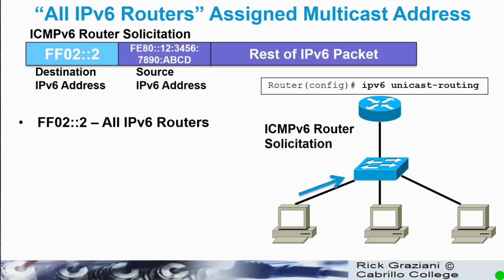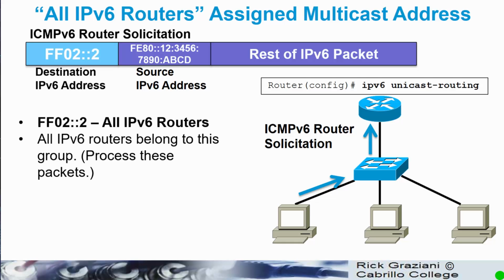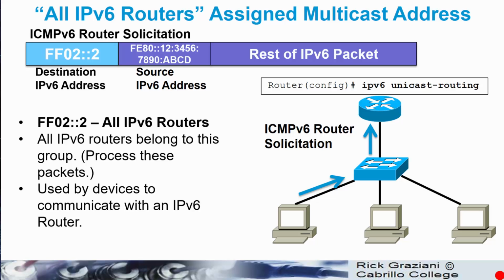So again, FF02::2 is all routers. All routers will process requests with these packets. It is used by devices to communicate with an IPv6 router or routers.